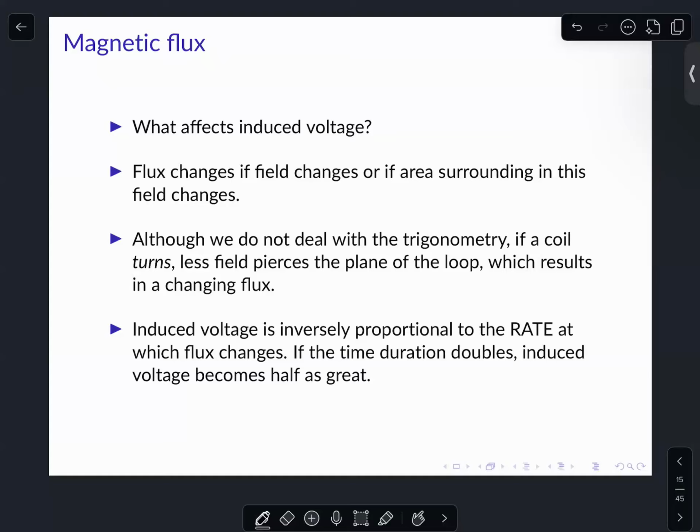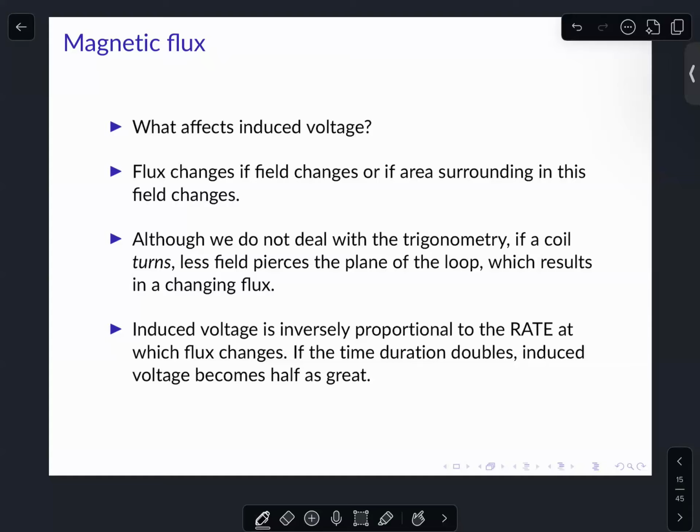We've been focusing a lot on what flux is. I do want to emphasize one last thing, another test question here. Voltage is not the change in flux. Voltage is the rate of change of flux. If the downstairs of delta phi over delta t gets twice as big, what happens to voltage? If you double the downstairs, the fraction gets half as big.